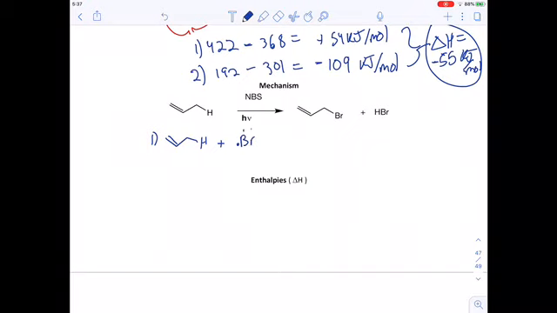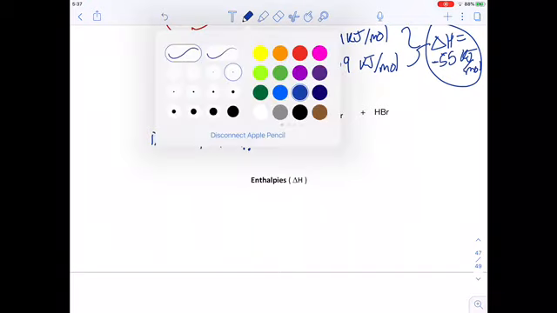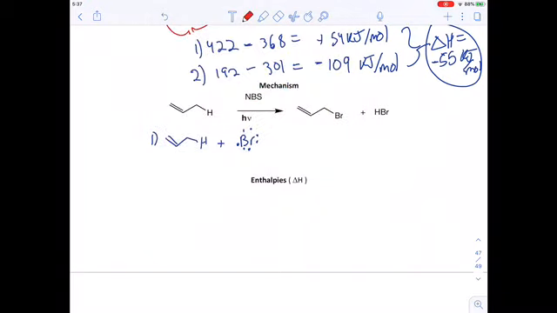The first propagation step for NBS is going to be the formation of the allylic radical. So you start with your allylic Br, and one of the electrons from the H is going to go back onto the ring, and one of them is going to form the new bond with the Br.